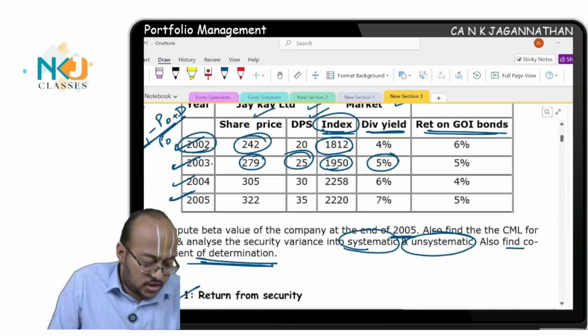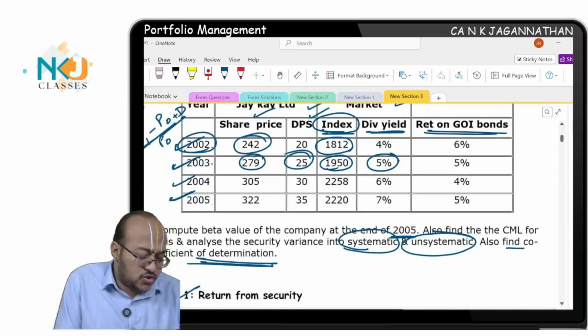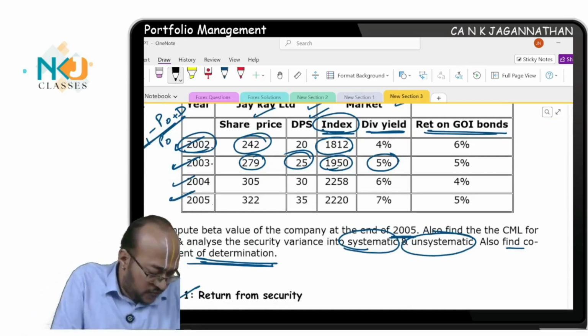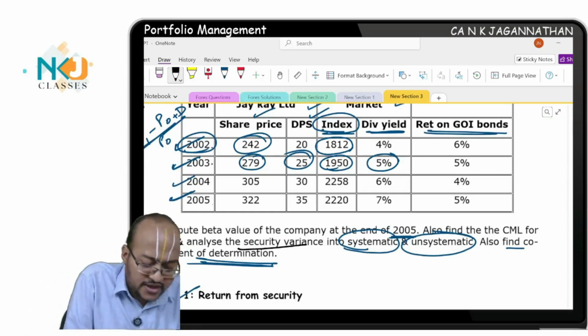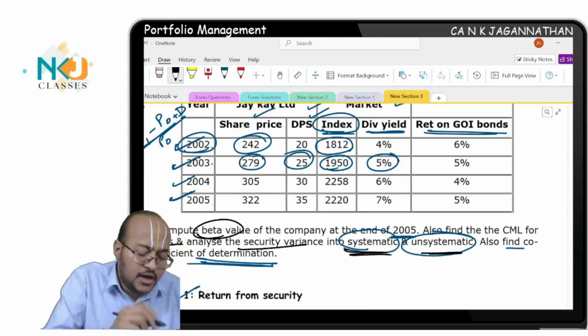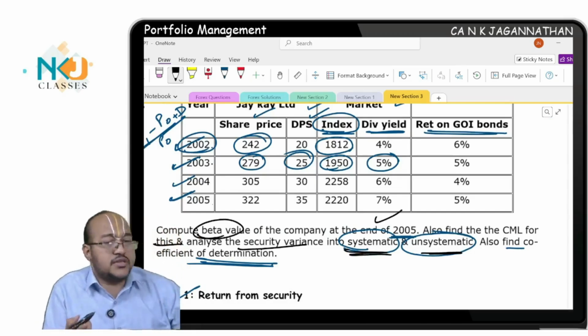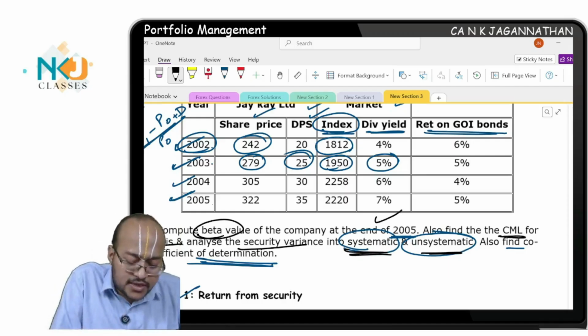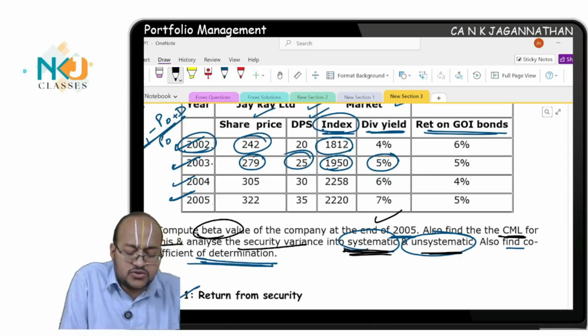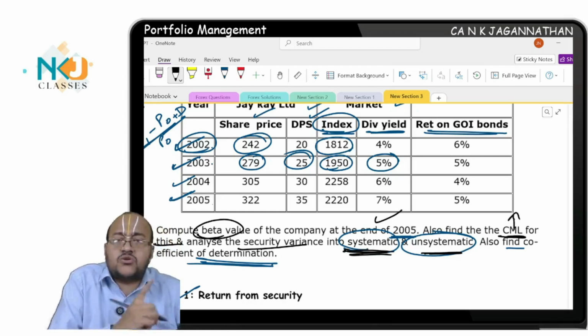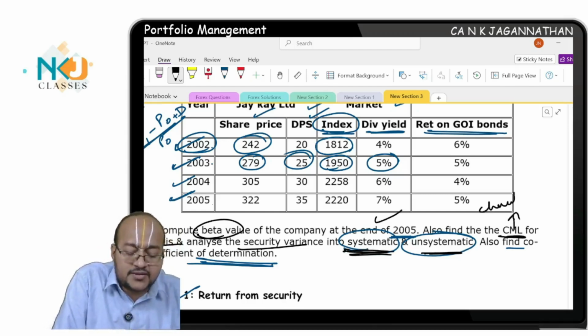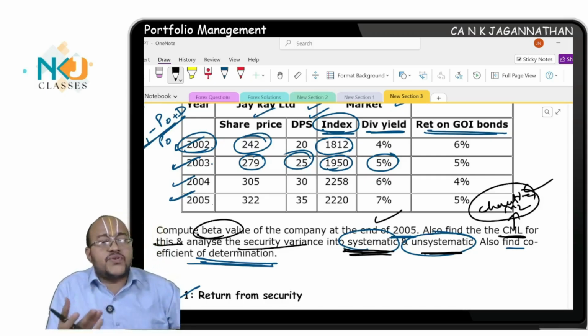Also find the CML for this and analyze the security variance into systematic and unsystematic. First, the beta value we computed was 0.15, using the regression method. CML here does not mean capital market line, it's the characteristic market line which we use for the Sharpe single index model.